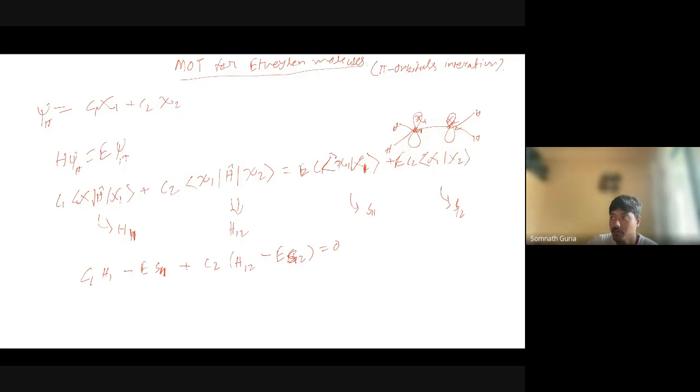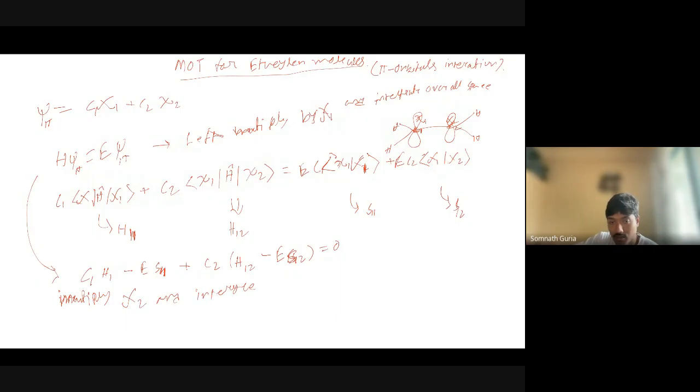Here if we left multiply by chi one and integrate over all space, and similarly for chi two, multiply by chi two and integrate over all space.